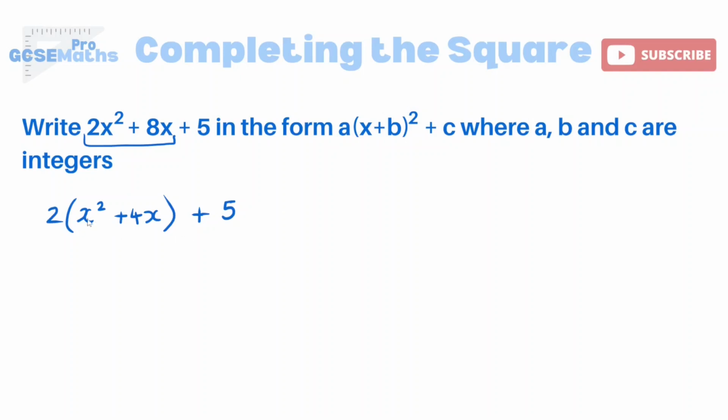Now from here we can start our completing the square method. So just keep the 2 there for now, and I'm going to use square brackets just for now. And you remember that we said, right, in the brackets we've got x, you copy the symbol, which is plus, and you half, or you divide this term here by 2. Okay, so the number that's in front of the x, you divide it by 2. So that becomes 2.